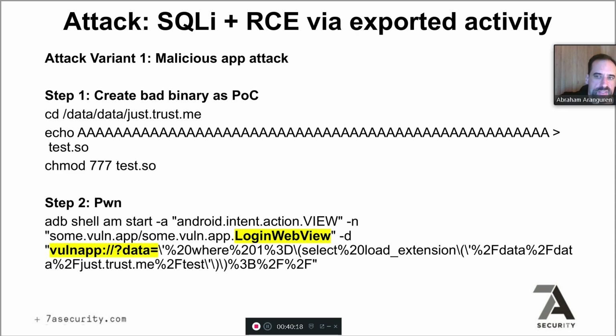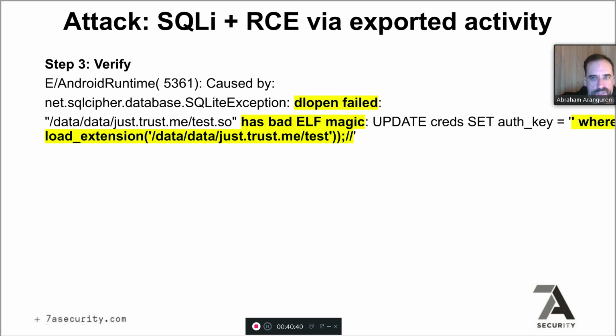Then we give it writable permission, basically permissions for everybody. And then we can send an intent to the vulnerable deep link activity with the data exploiting the deep link, right? So this is the vulnerable app, this is the data doing the load extension and so on. Now this is with URL encoding. I'll show it here without URL encoding.